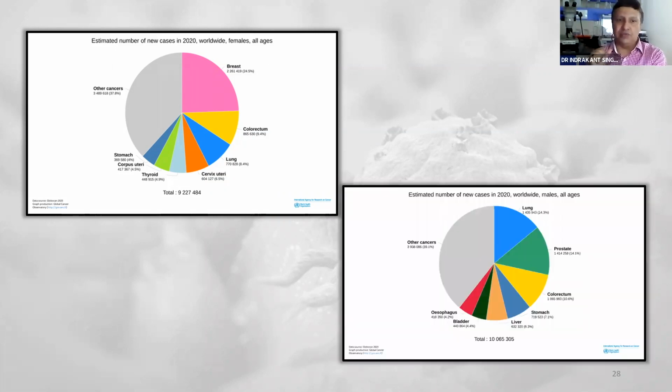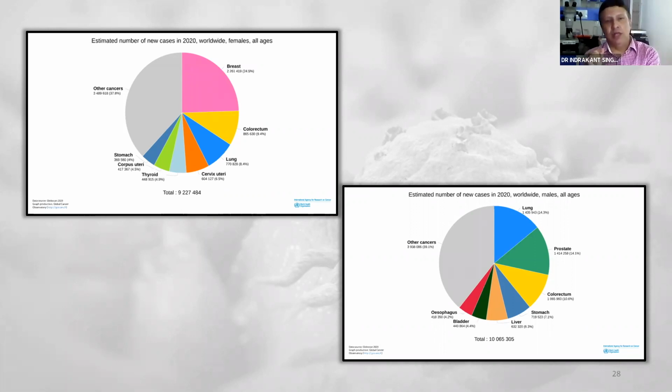Another graph you can see here represents the estimated number of new cases among males worldwide for the year 2020. Lung cancer and prostate cancer are the most common among men, together accounting for nearly 1/3 of all male cancers.